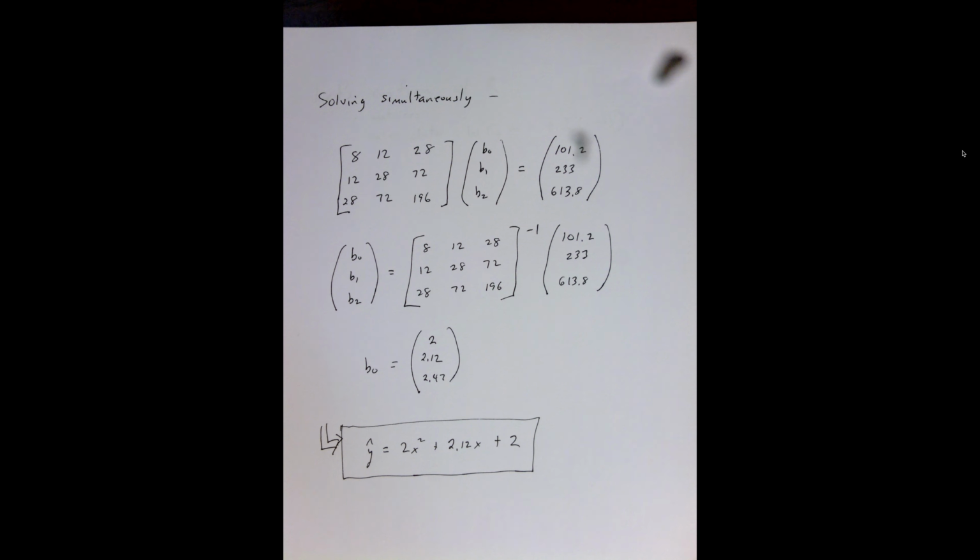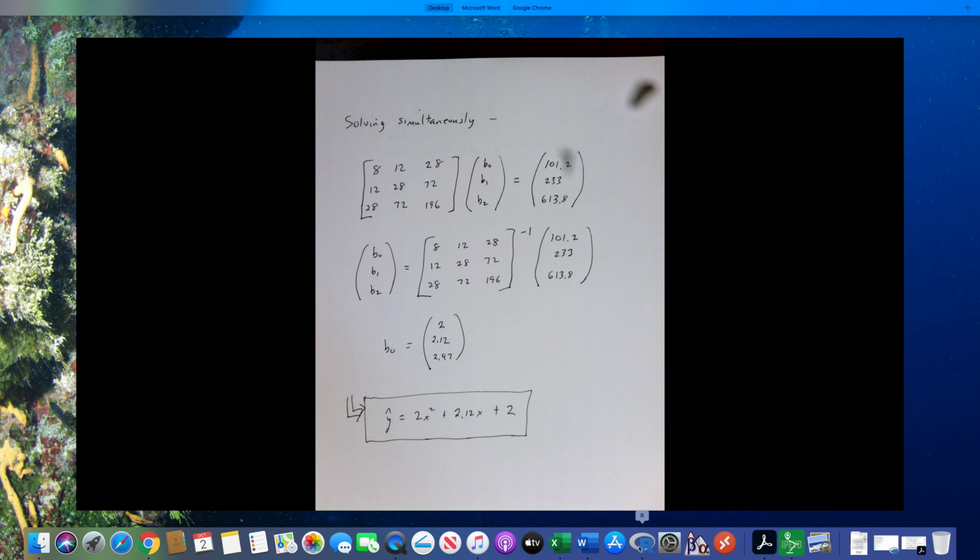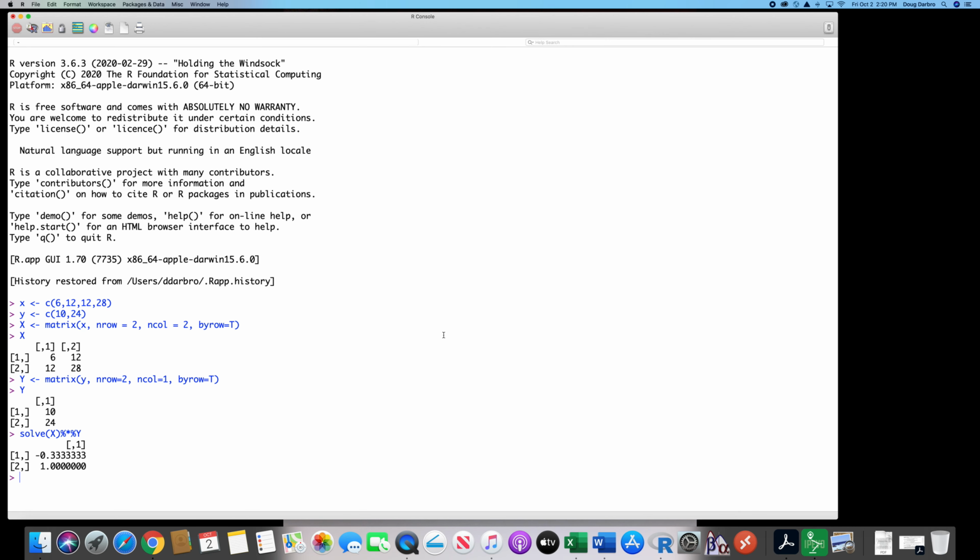Now let me show you how we do that in R. Let me jump out of here and bring up R. Actually, there's some work from a previous video. So what I would do here is I would probably just call it new x for lack of any better term. So I'm going to type in the numbers for the first matrix.